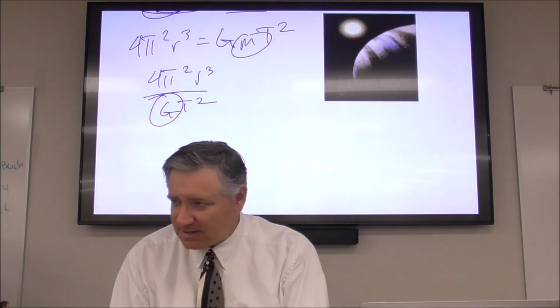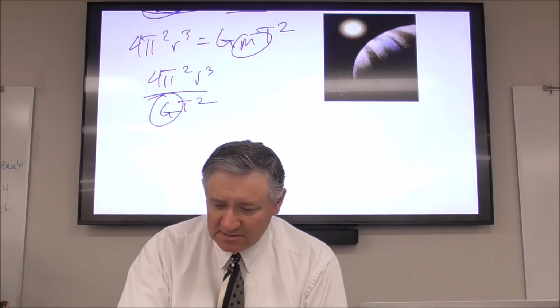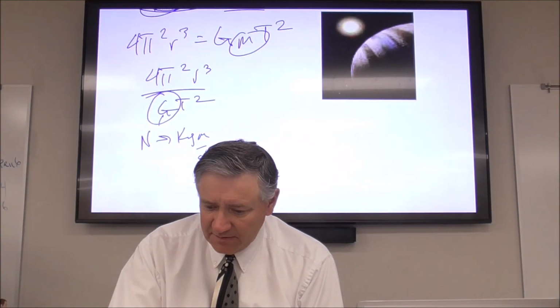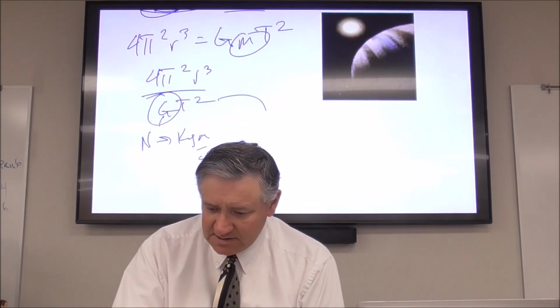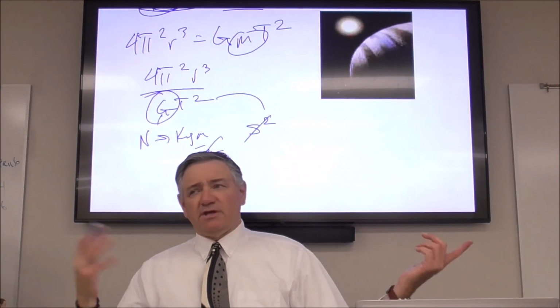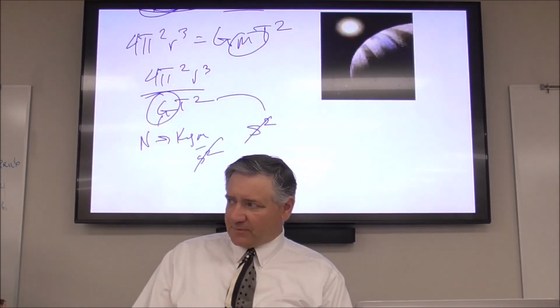Lurking within that G are newtons, which are kilograms meters per second squared. So this period has to be in seconds squared, because that's the only way you can get time to cancel out.